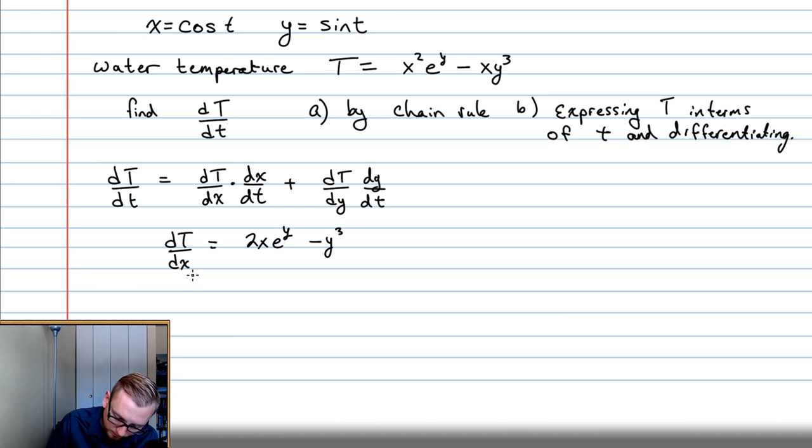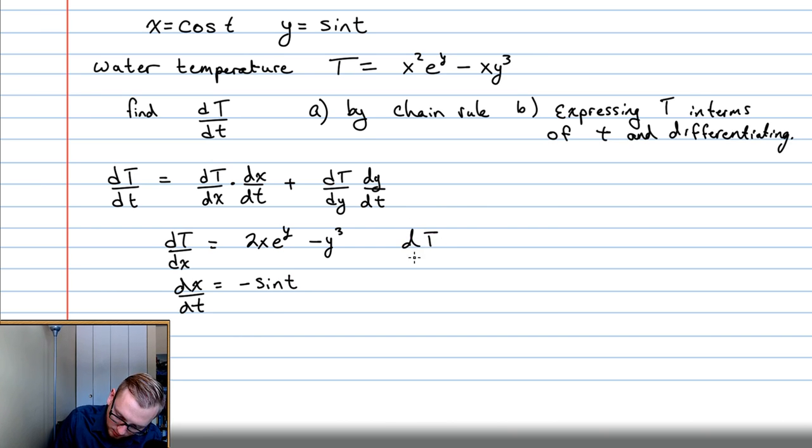What about dx/dt? Well, we've got x is equal to cos t, so the derivative of cosine t is minus sine t, right? Derivative of cos is minus sine. So we've got minus sine.